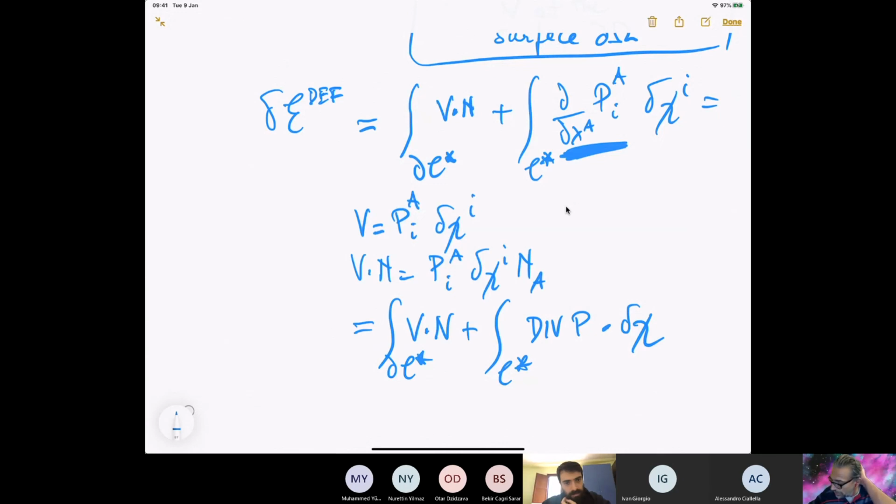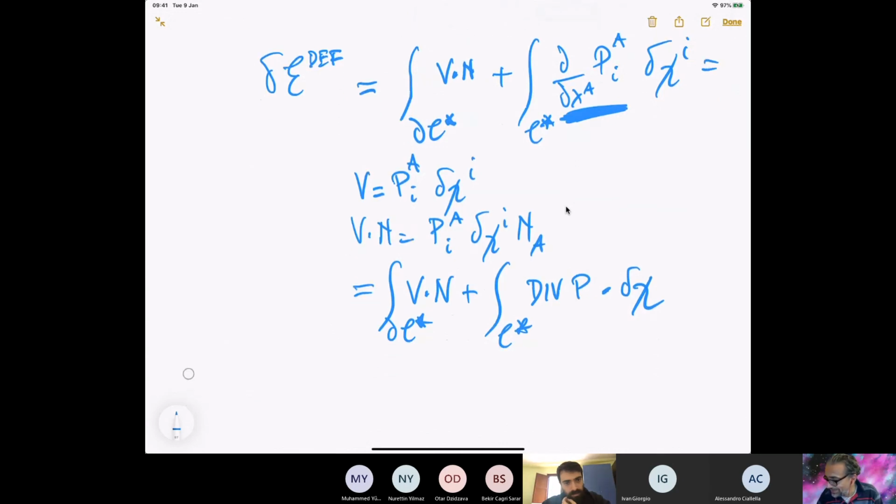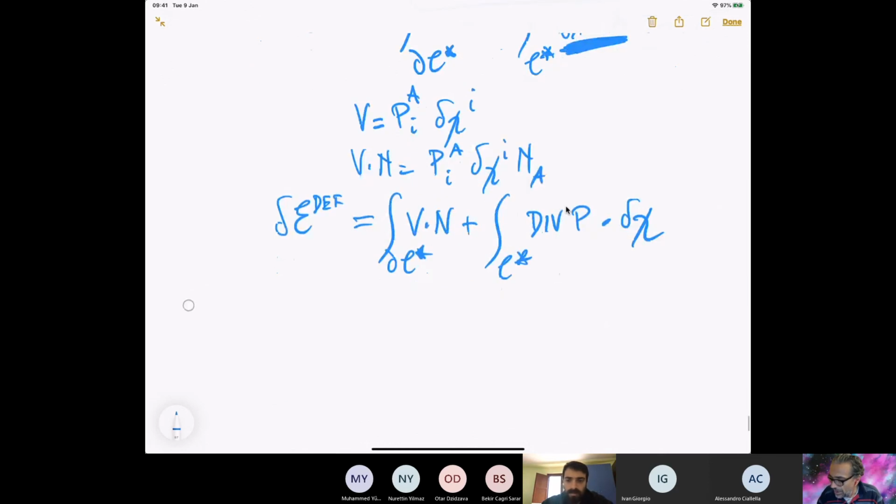And I'm sure that you start recognizing something which you have already seen in classical strength of materials courses. So now let us write explicitly component-wise this another time.